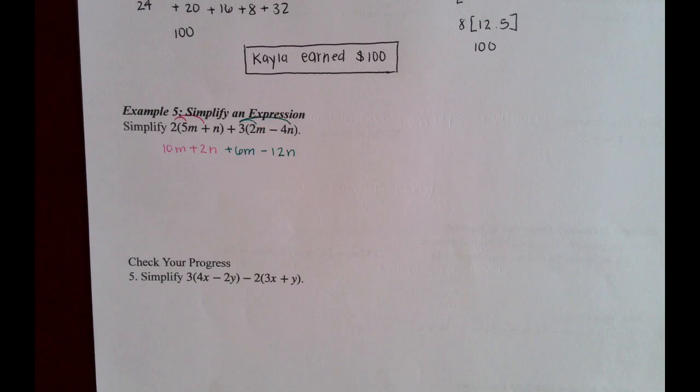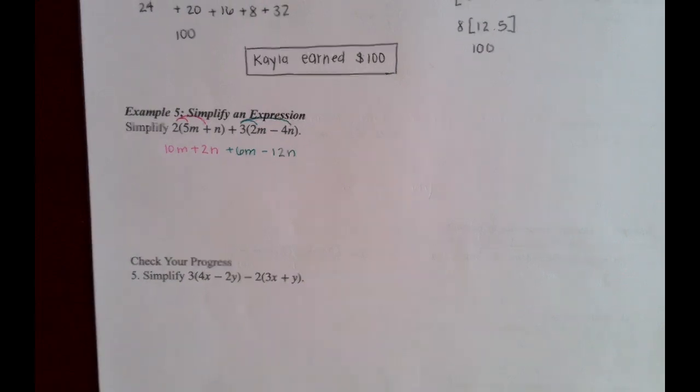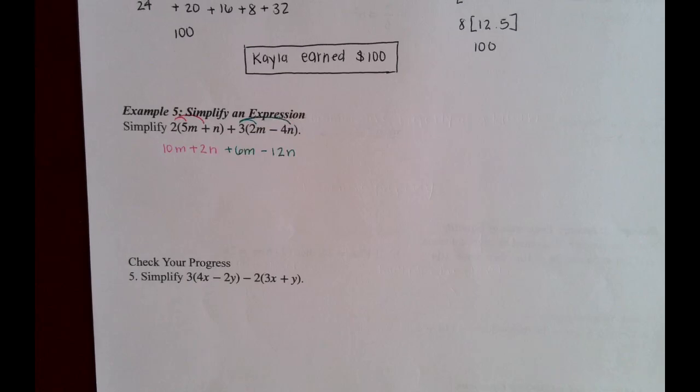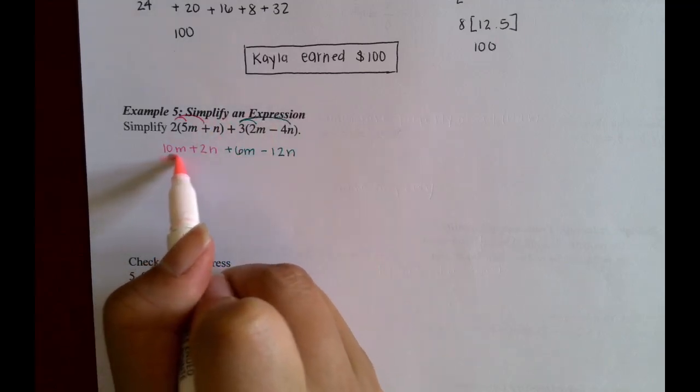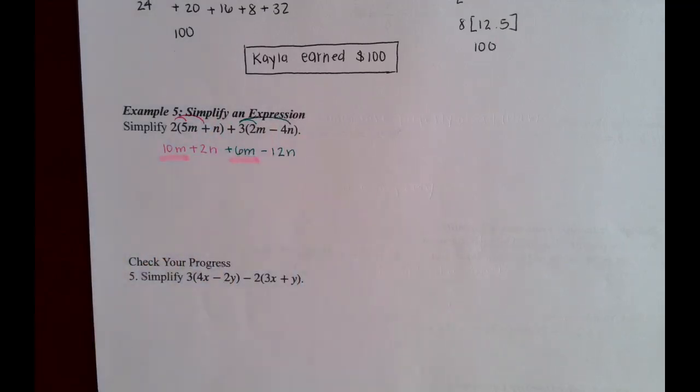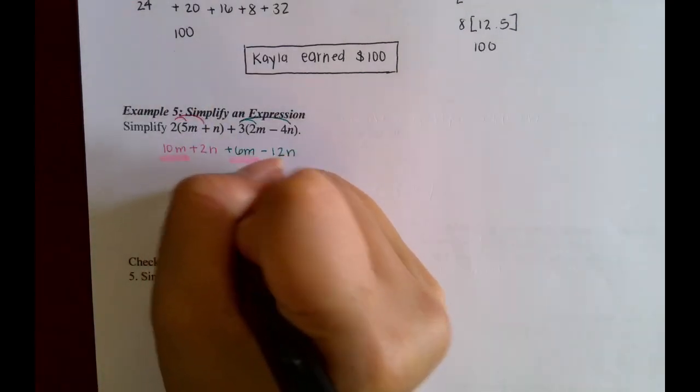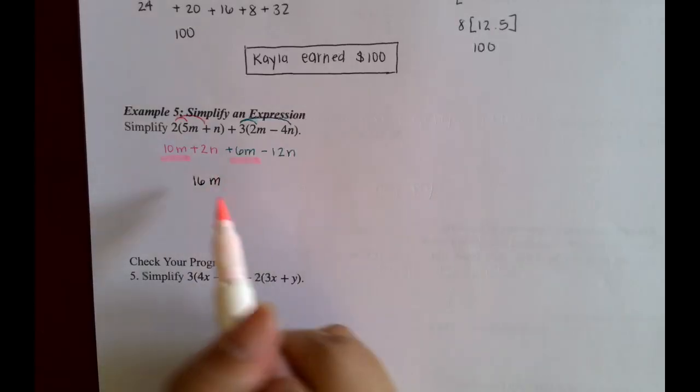Okay, so here, like terms, if you looked at the definition earlier, like terms should have the same variables to the same degree or same power. Okay, so here I have m's and n's both to the first degree. So here 10m and 6m, those are like terms. 10m plus 6m is 16m. Okay.